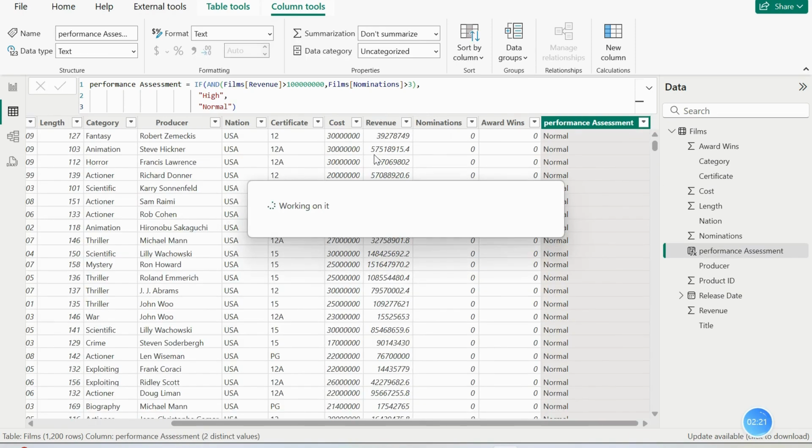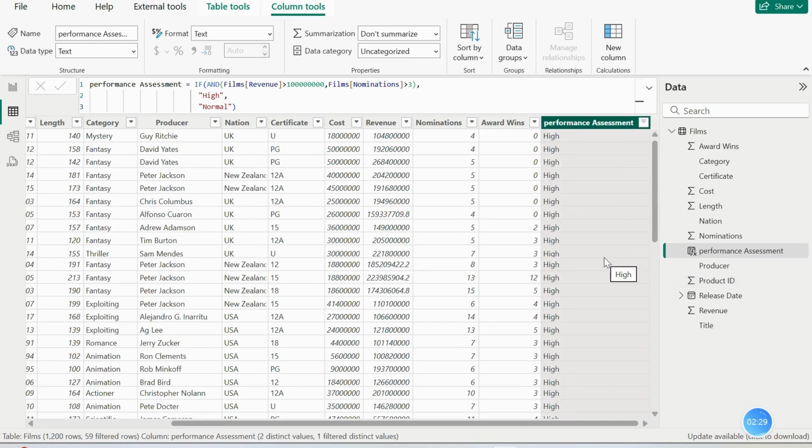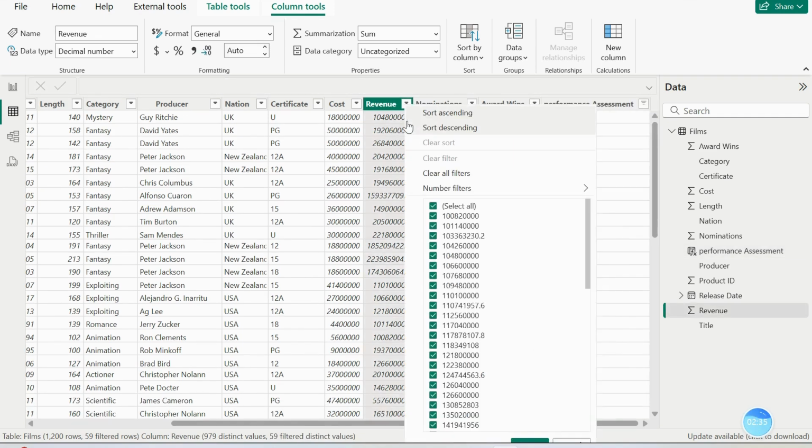Let's do the sense check. High performance means two indicators meet at the same time. The first one is revenue. We find that every figure is more than 100 million, no problem.